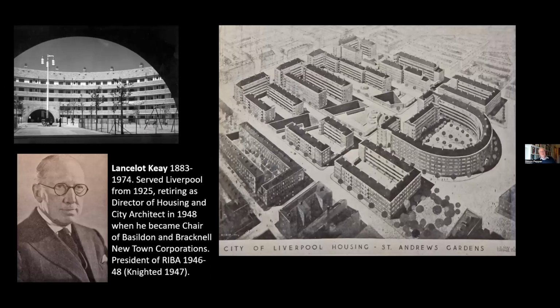The flagship operation was the so-called St Andrew's Gardens, sometimes known locally as the Bull Ring. The horseshoe-shaped block does look a bit like a bull ring, but it also refers to the fact that the whole scheme was built on the stockyard and abattoir site in central Liverpool.